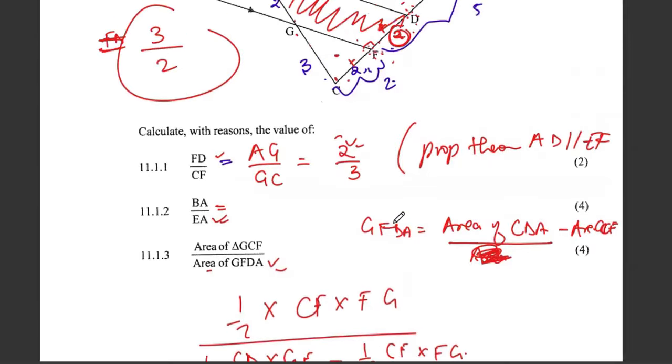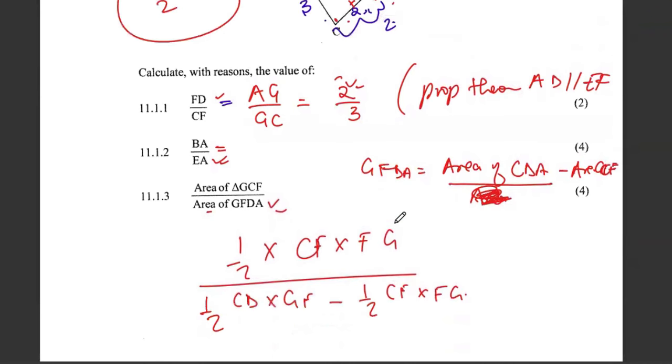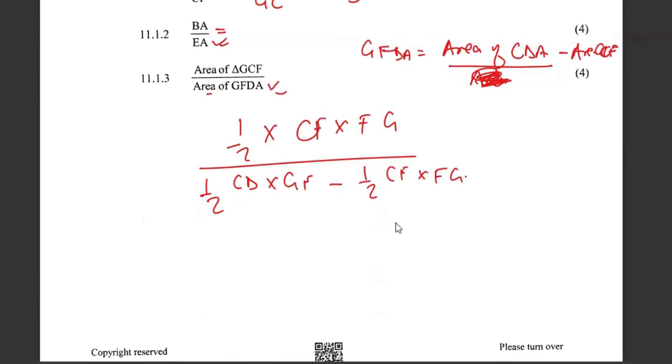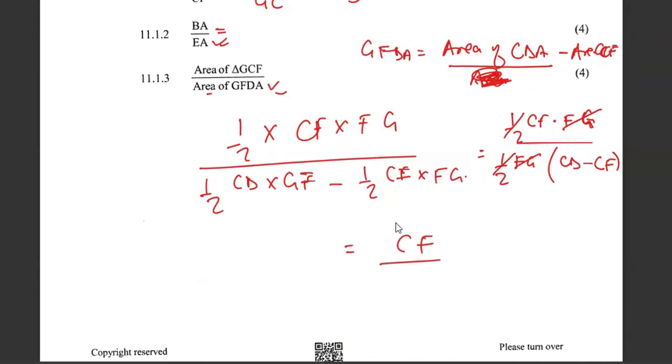Okay, so I take out what is common, which is the FG or GF, means that a half CF multiplied by FG over a half FG into CD minus CF. So this FG cancels the FG, the half cancels the half, and then I'll be left with CF over CD minus CF.